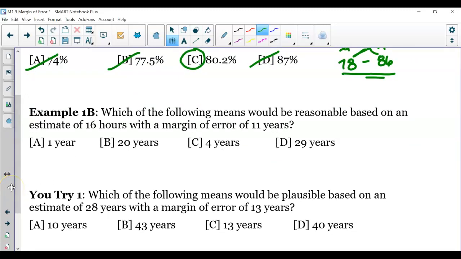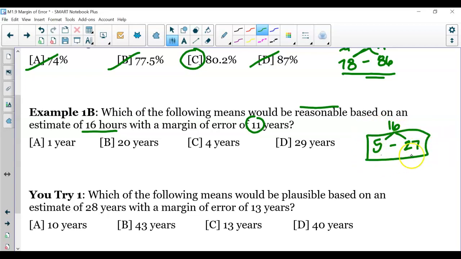So another way of looking at this is, which of the following means would be reasonable based on the estimate of 16 hours with a margin of error of 11. So again, we're just looking for what could be reasonable, again, as we're creating this interval. So subtracting 11 is 5, adding the 11 is 27.